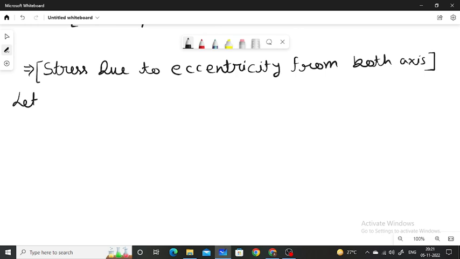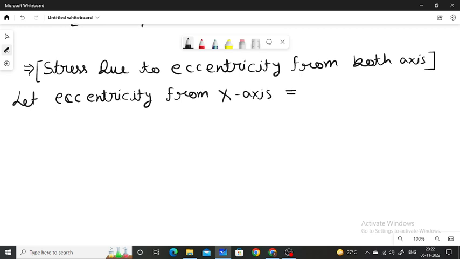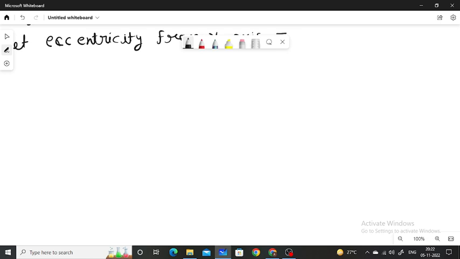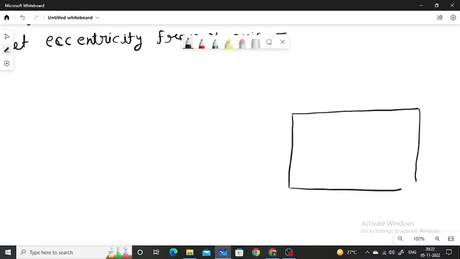Now consider a column whose cross section is rectangular.